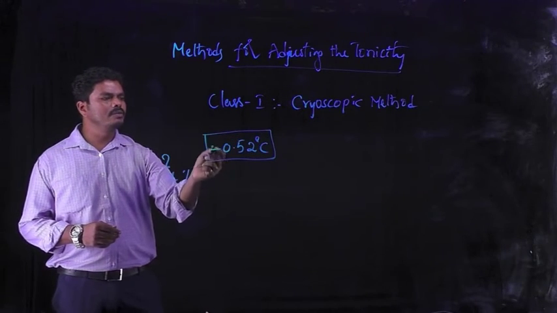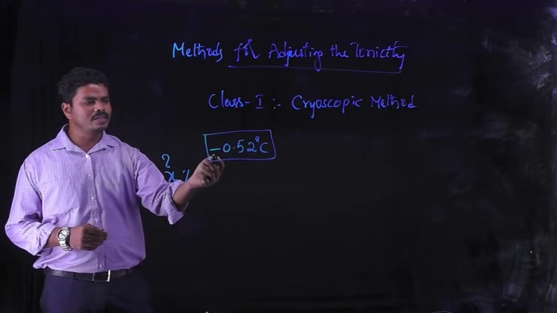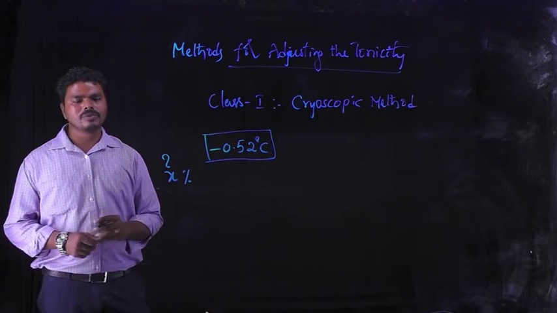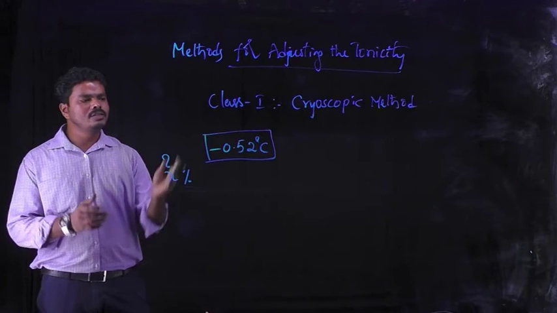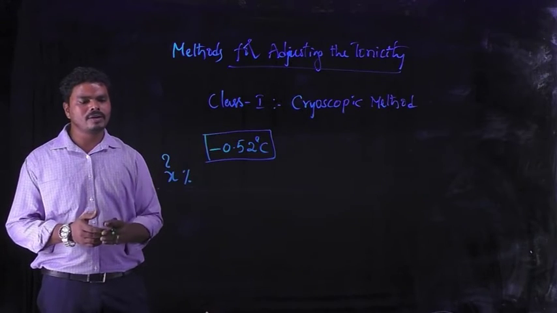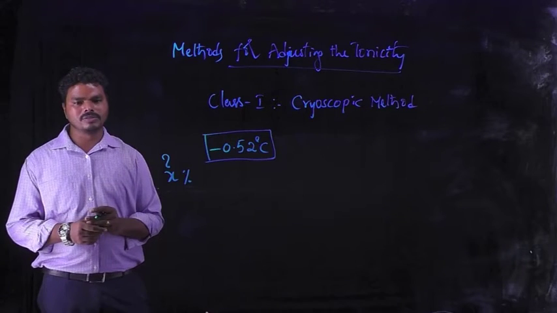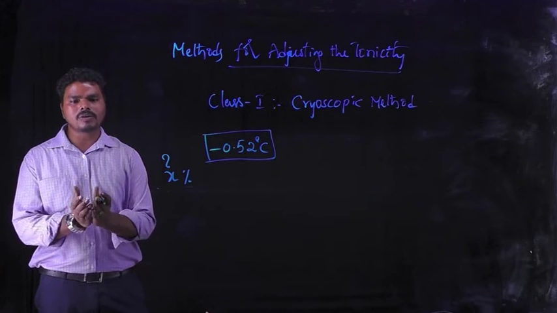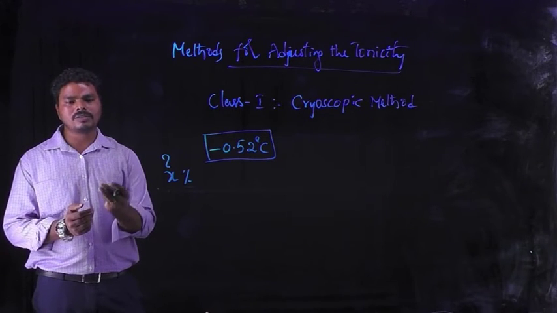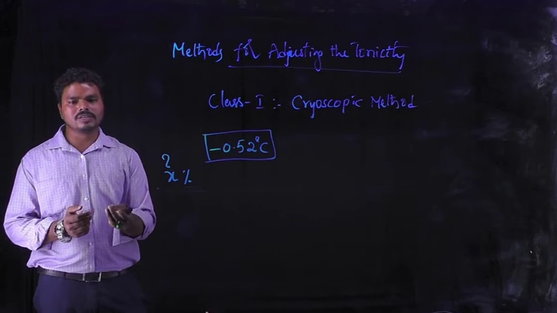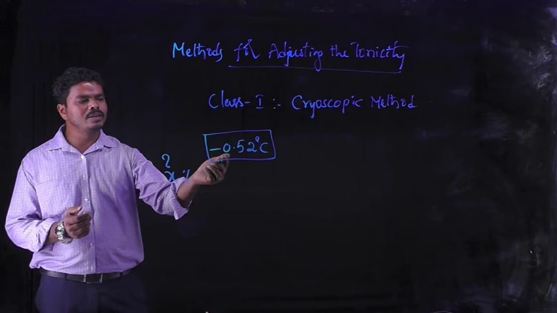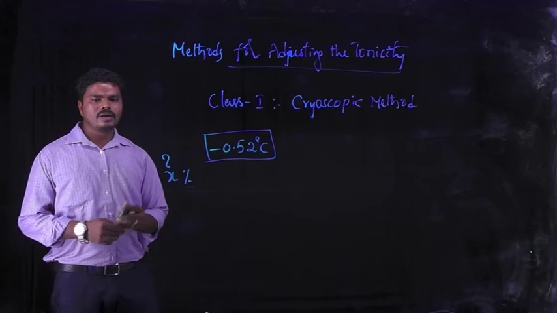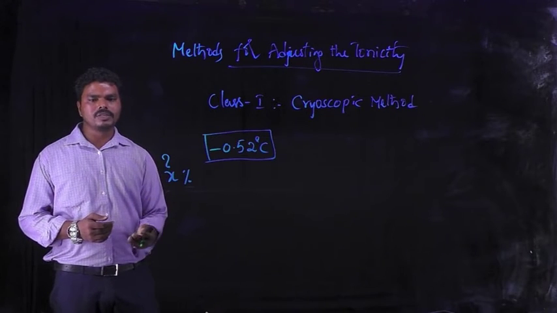Because we know that the freezing point depression of the blood is minus 0.52 degrees centigrade, and the blood is isotonic in nature. So the solutions which produce the same freezing point depression as that of the blood will be considered isotonic solutions. For that reason, we are going to determine how much concentration of the drug substance is required to produce solutions having a freezing point depression of minus 0.52 degrees centigrade.